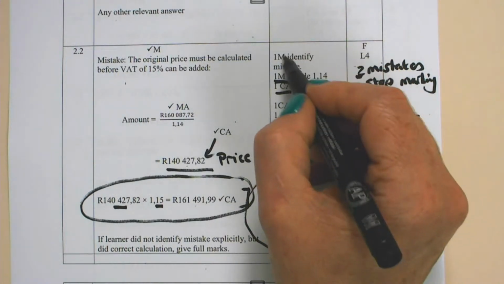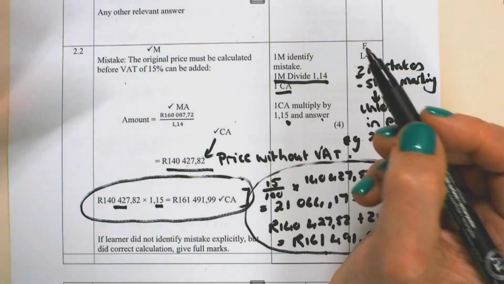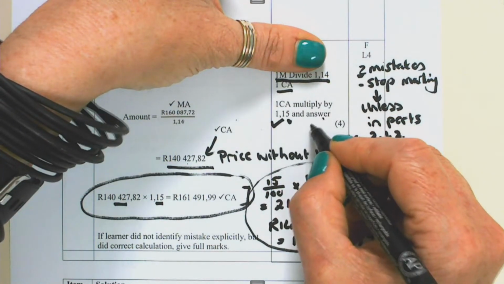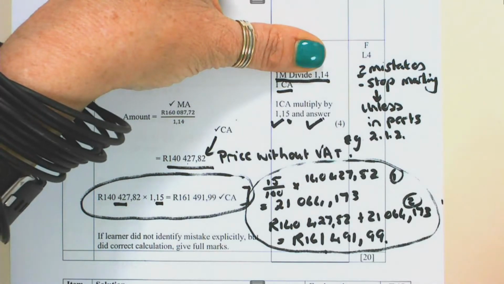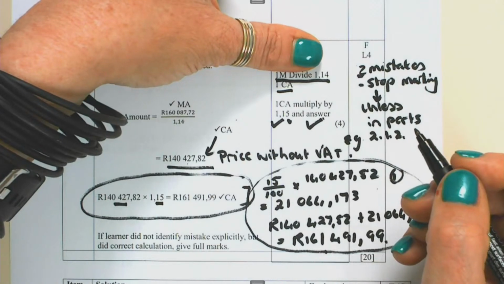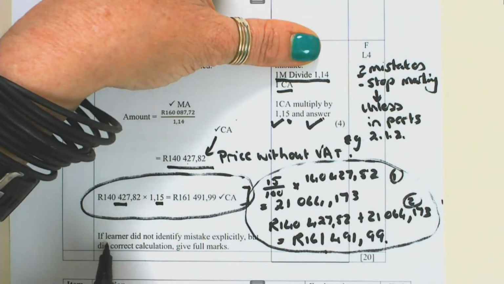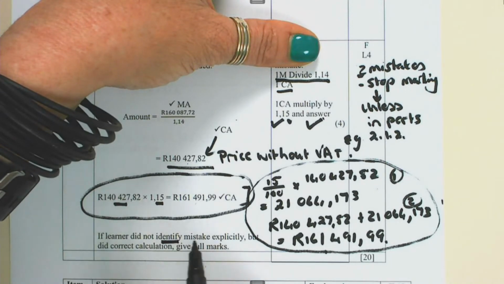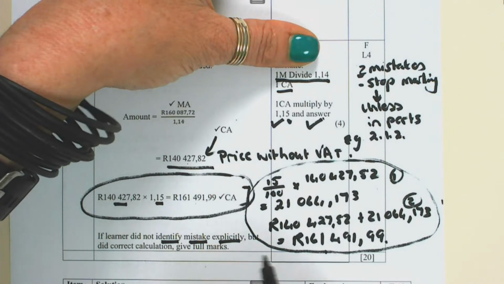Now, if the learner did not identify the mistake, then you can say multiply by 1,15 and answer can get 2 marks. If they don't give the mistake, because it's stated here at the bottom, if the learner did not identify the mistake but they did the correct calculations, you can give full marks.